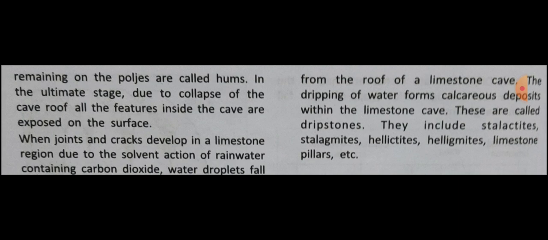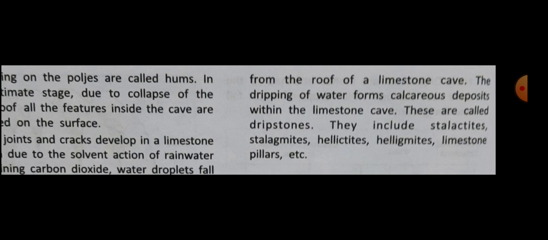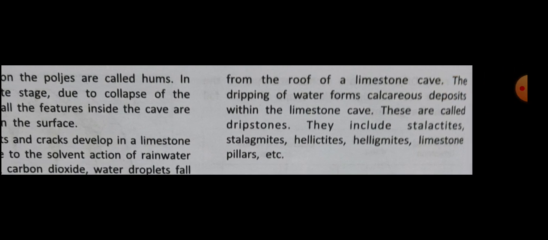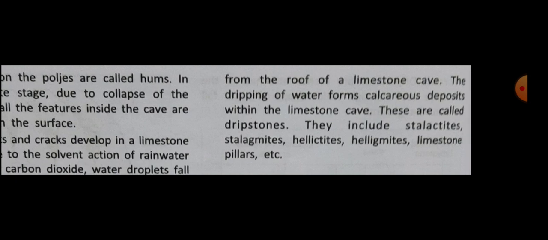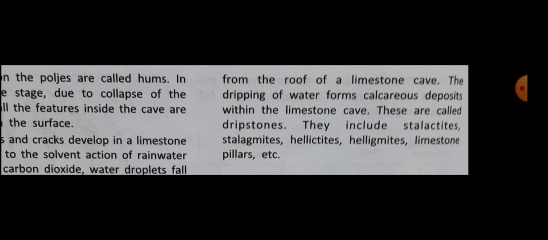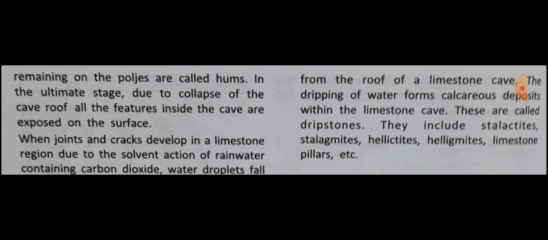When joints and cracks develop in a limestone region due to the solvent action of rainwater containing carbon dioxide, water droplets fall from the roof of a limestone cave. The dripping of water forms calcareous deposits within the limestone cave. These are called dripstones. They include stalactite, stalagmite, helictite, limestone pillar, etc.